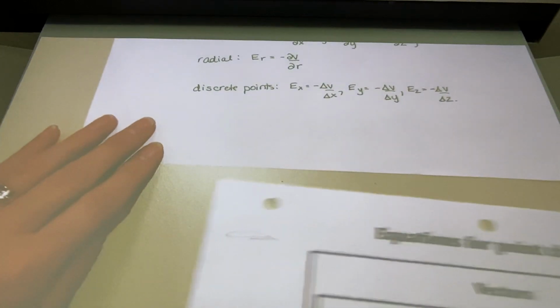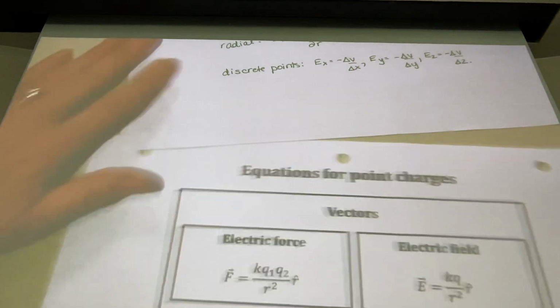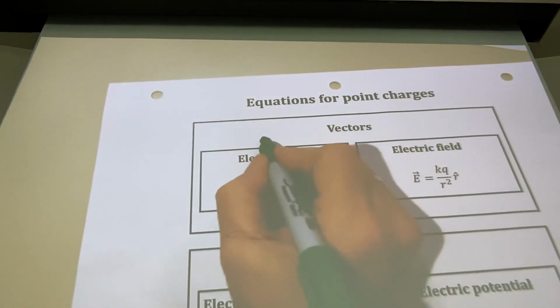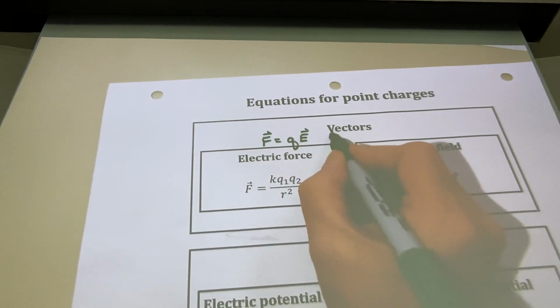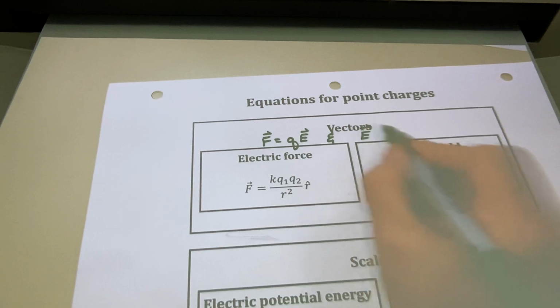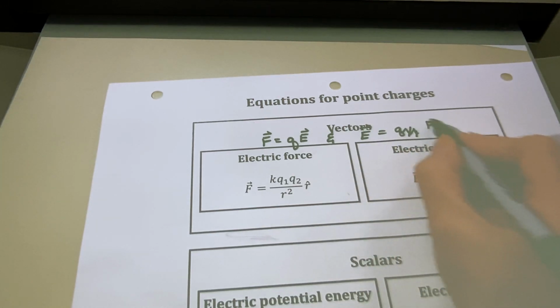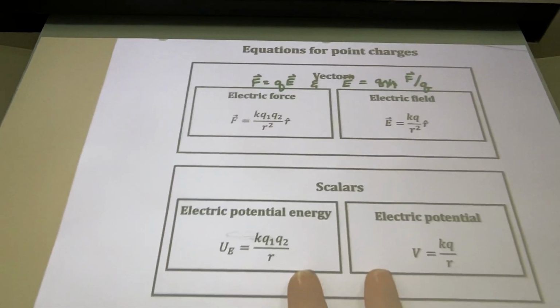Okay, so to come back to our equations slide, our relationship between force and field, we know that F is equal to Q times E. And on the flip side, E is F over Q. Okay, so that's our relationship between force and field.